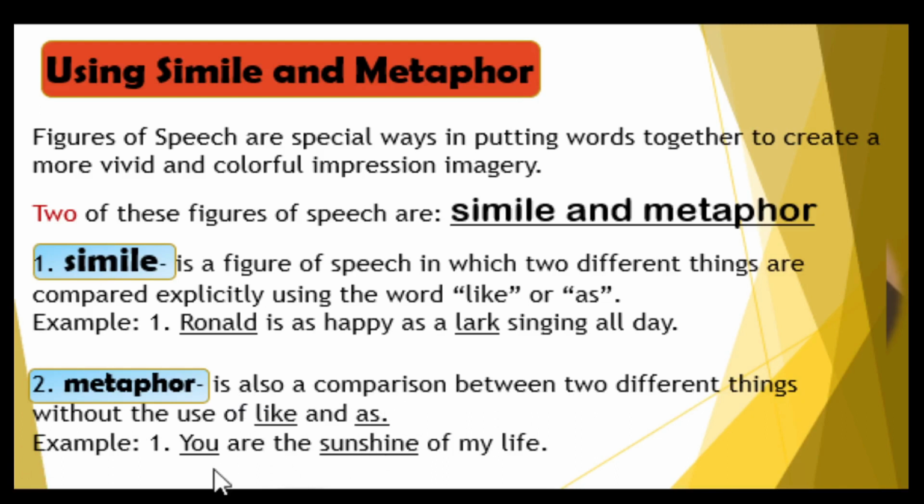For example, you are the sunshine of my life. From the sentence, you and sunshine are being compared to each other. But in the sentence, we are not using the word like and as, which means this sentence is considered a metaphor.